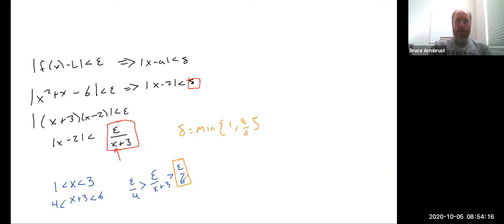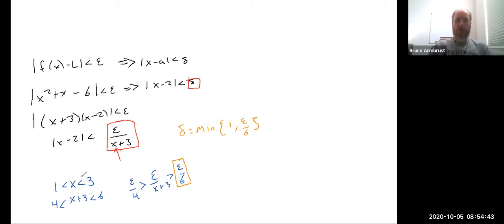So the epsilon over 6 came from this, and the 1 came from specifying that my interval was 1 to 3. So it's definitely kind of a weird, quirky little thing, but it's something that we always have to do if there are x's that show up on this side once we get ourselves set up for just the x minus a piece.